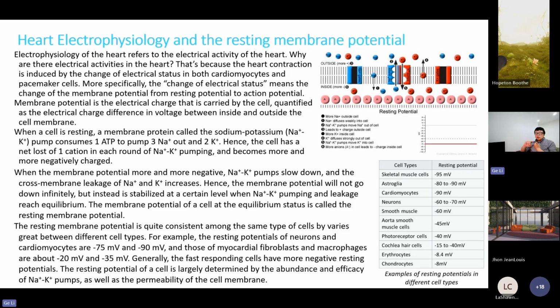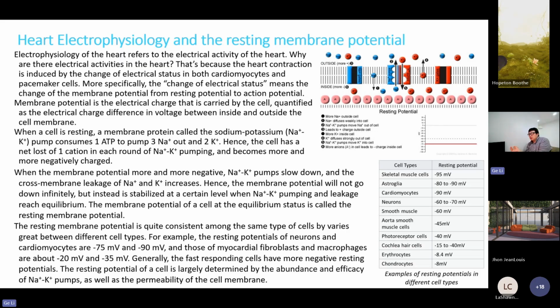In some cells, like cardiomyocytes, neurons, and skeletal muscle, they have a lot of sodium potassium pumps on their surface, so that they can push their membrane potential to a very high negative level.